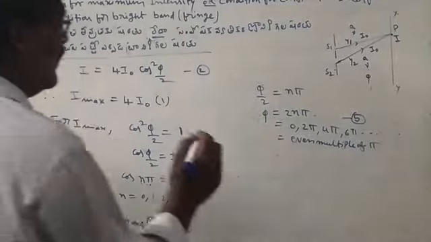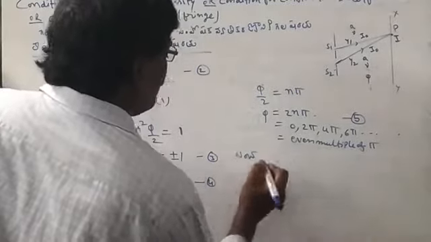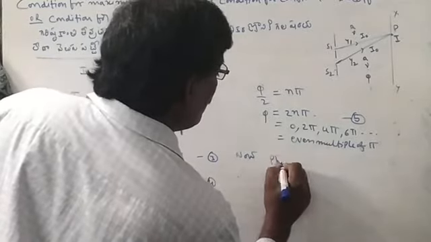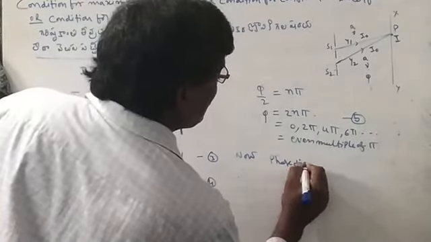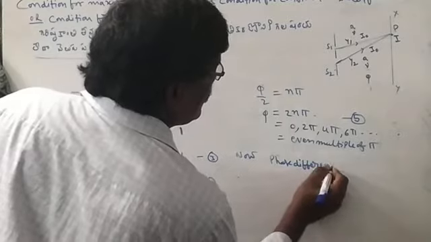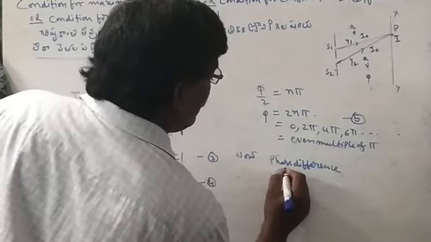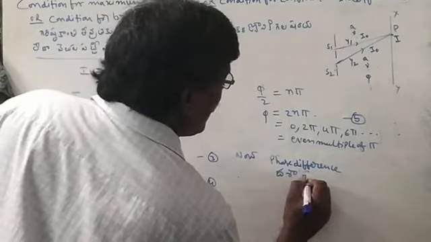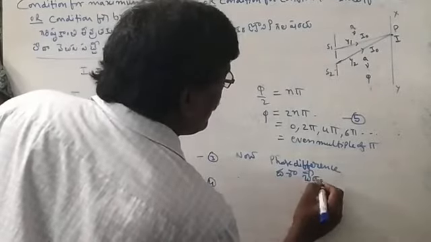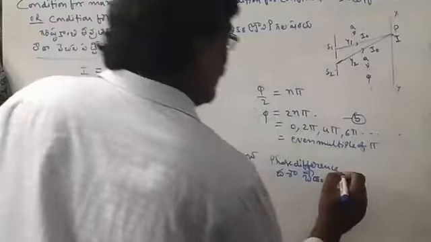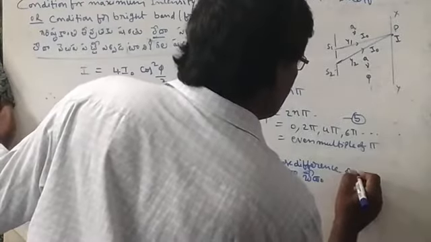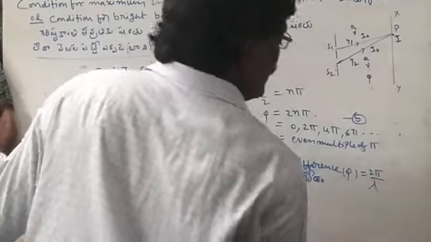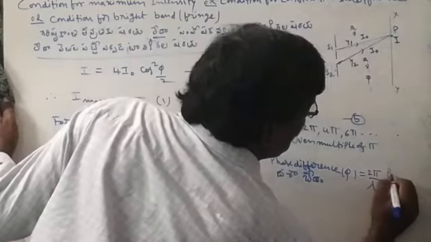Now, phase difference phi is equal to 2 pi by lambda into path difference.